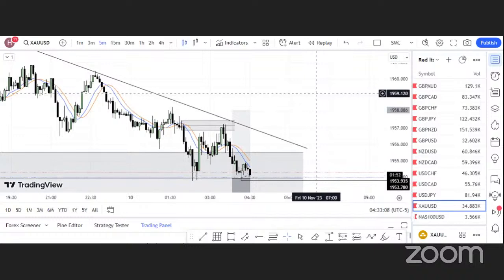Still holding. We are still waiting for gold to give us the perfect entry, the perfect profit rather.